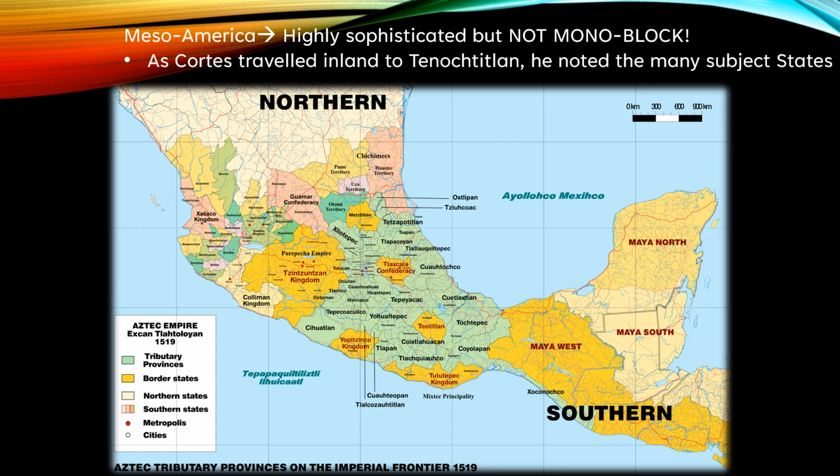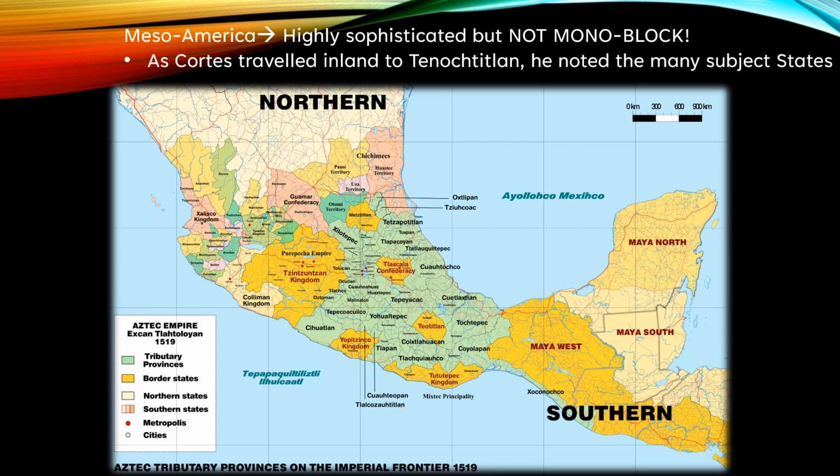Others are more or less independent. The Mayans further south were very much a culture in very steep decline. Even today, archaeologists and philologists are trying to figure out exactly what was causing the Maya to decline the way they did. But that's what was going on. Well, we're only worried right now about what's going on with the Aztecs.